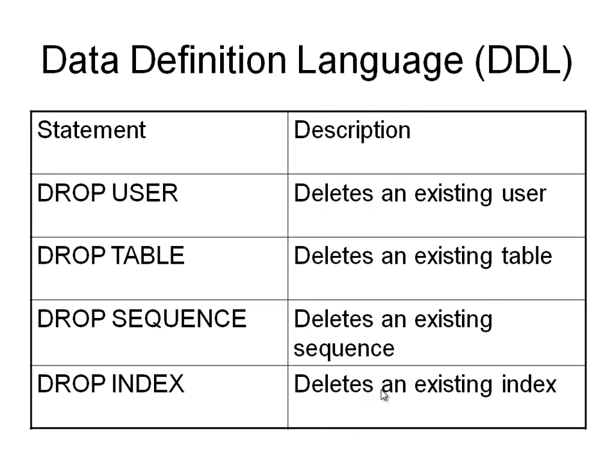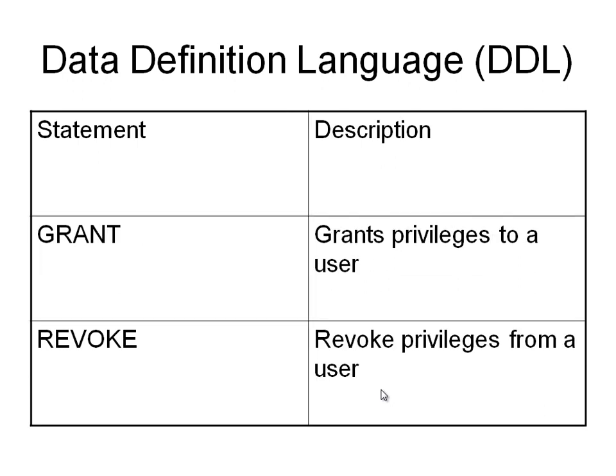It can be used to delete by using the drop statement, and the drop statement will delete either user, table, sequence, or index. And the last two statements are grant and revoke, where grant will grant privileges or permission to a user, and revoke will revoke permission and privileges from a certain user.